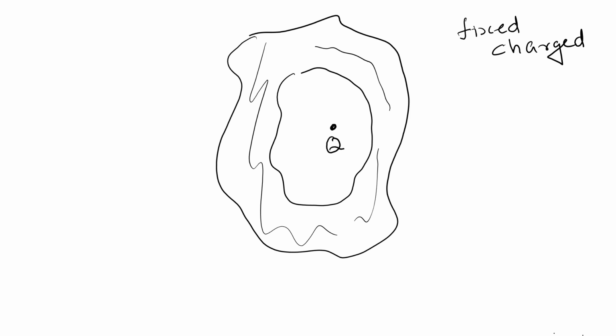We know our first rule was that electric field inside the conductor has to be zero. That rule has not been broken. That rule still needs to be obeyed. So anywhere I go inside the conductor, electric field has to be zero.